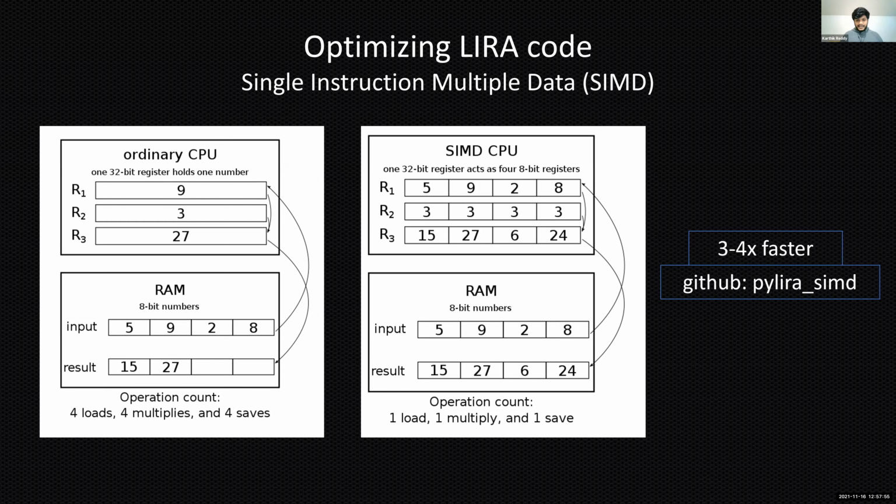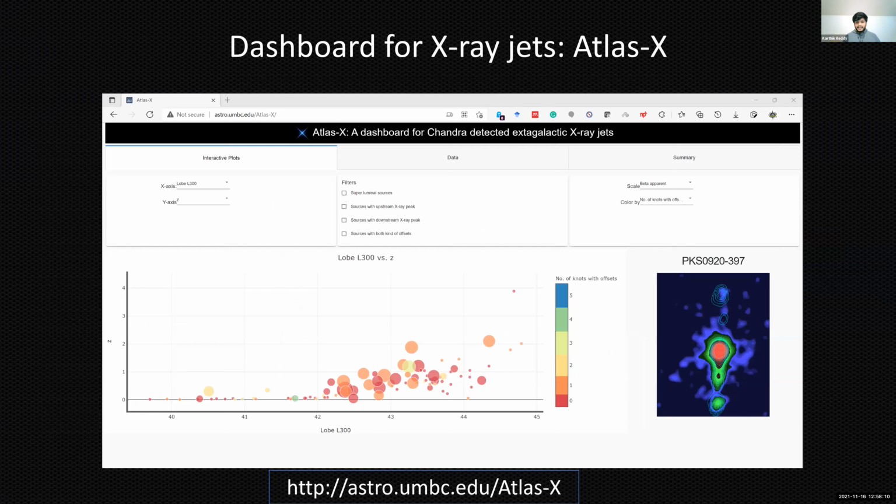But a fully tested version will be included in the upcoming PyLIRA package on the AstroStats main repo that Axel's working on. And finally, I've also built a dashboard to summarize all the results from this work.